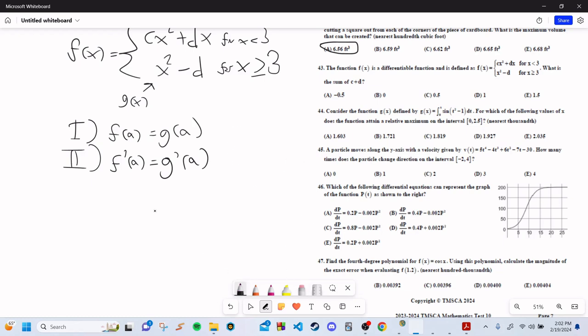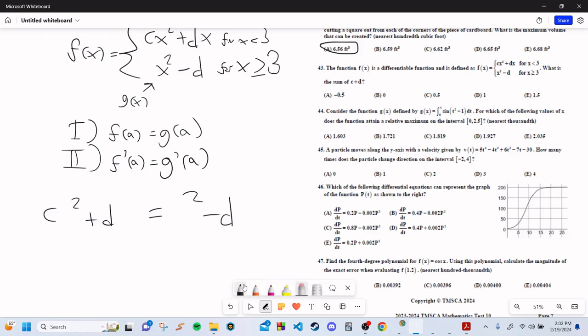Okay, so then how do we do this? Well, to satisfy the first condition, we can write c times x squared plus d of x plus d times x is equal to x squared minus d, at the point x equals 3, right?